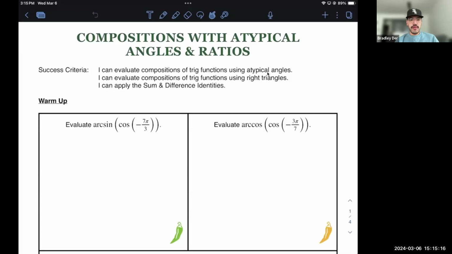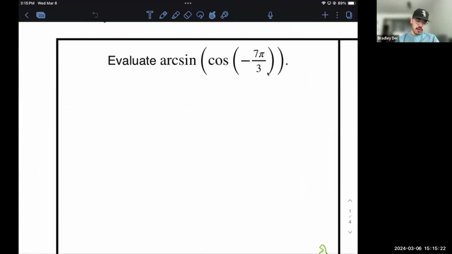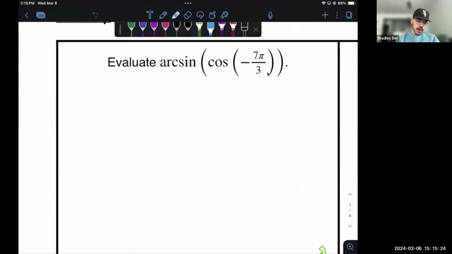All right. So hopefully now you're unpausing the video after trying some of these problems. Let's go through this real quick. As we talked about last week, you want to follow the order of operations on these compositions, just go from the inside out.